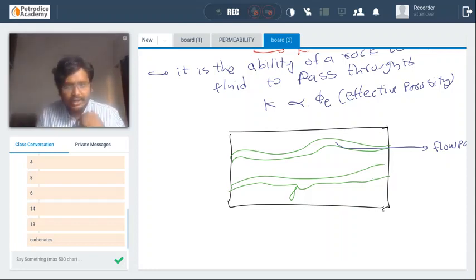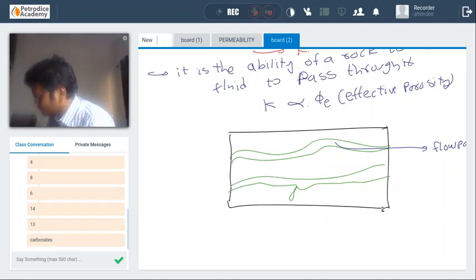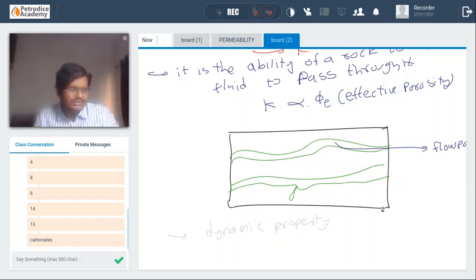Permeability is a dynamic property, when compared with porosity, which is the number of pore spaces. Porosity does not care whether the fluid is flowing or not.